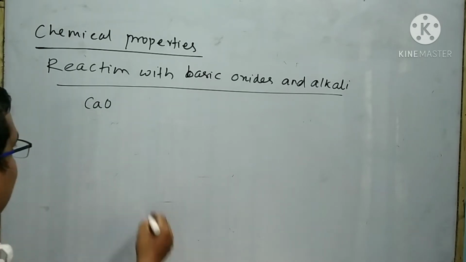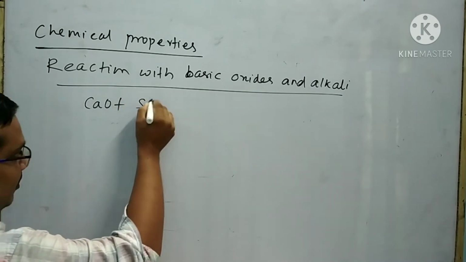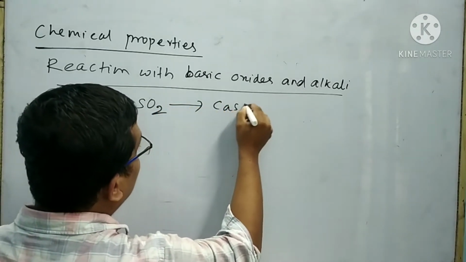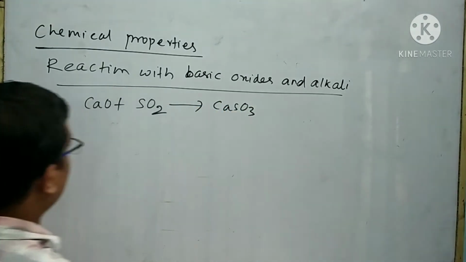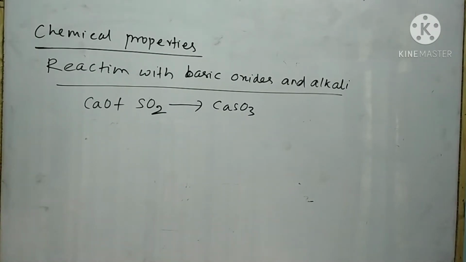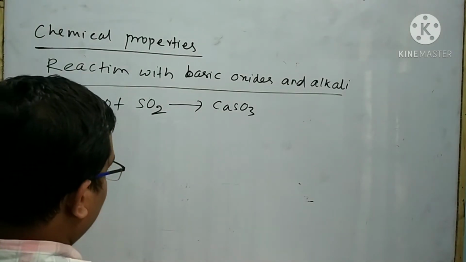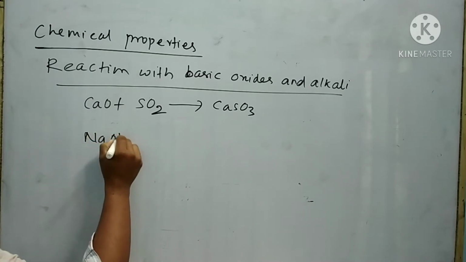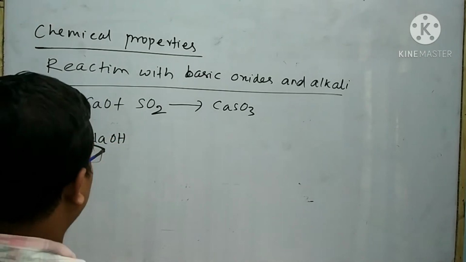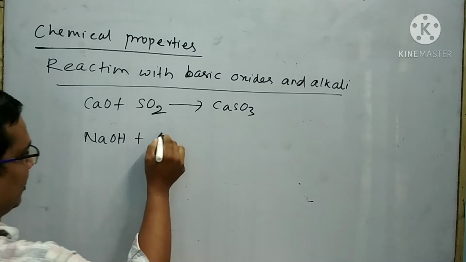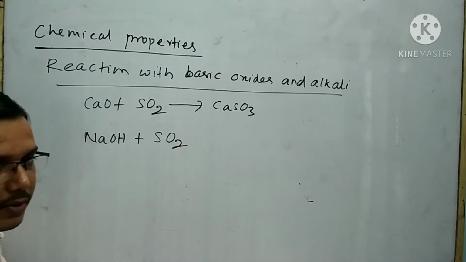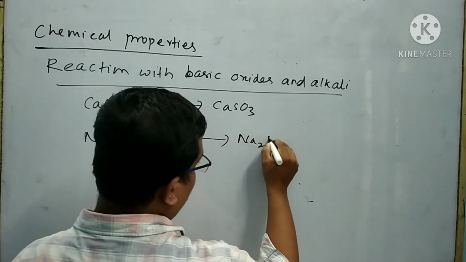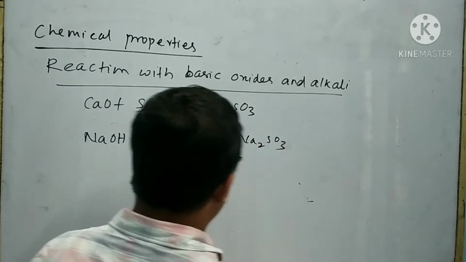When calcium oxide reacts with sulfur dioxide, calcium sulfide is formed. Similarly, take an example of an alkali, sodium hydroxide. When sodium hydroxide reacts with sulfur dioxide, sodium sulfide is formed.